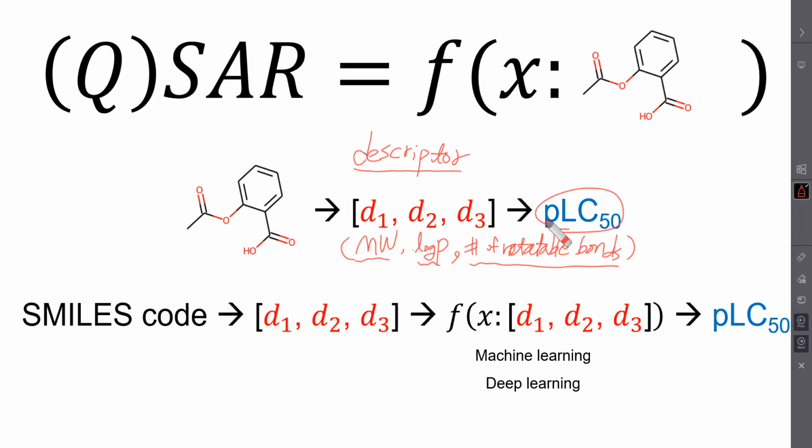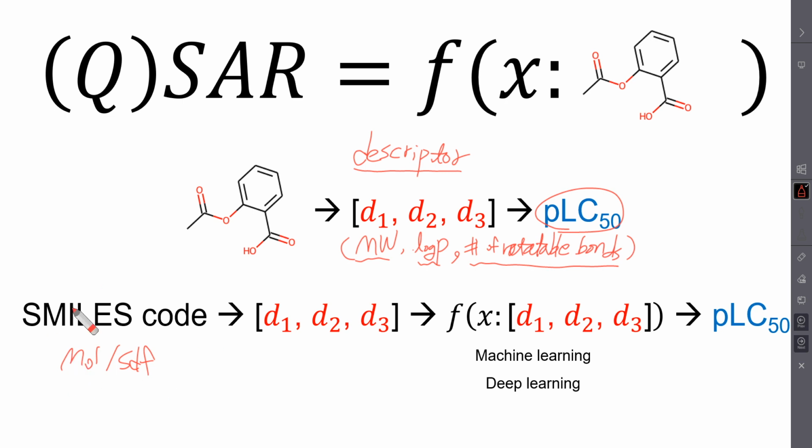In a more practical way, these structures are represented in different file formats. It can be a SMILES code, or maybe a mol file or SDF. So these structures are not just images like here, but one of these formats to represent molecular structure.